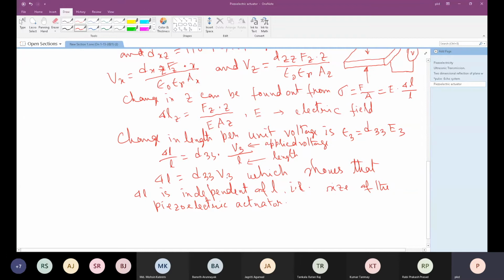Of course, there is breakdown potential, so V3 is limited by the voltage gradient, by the limit or breakdown potential of the material.